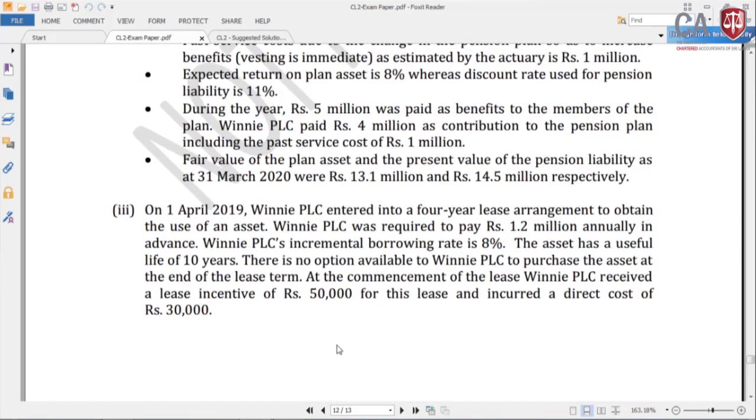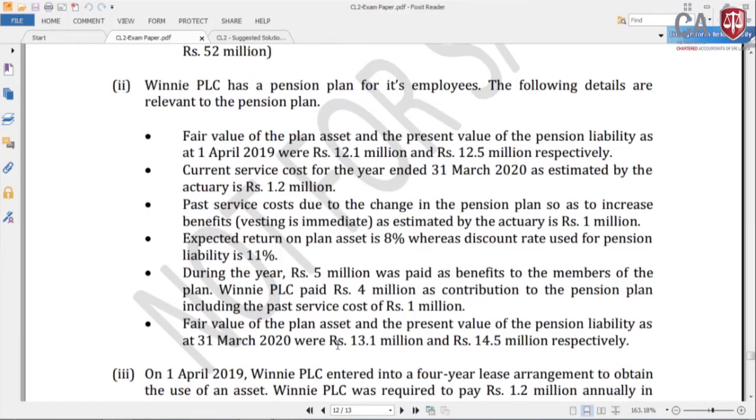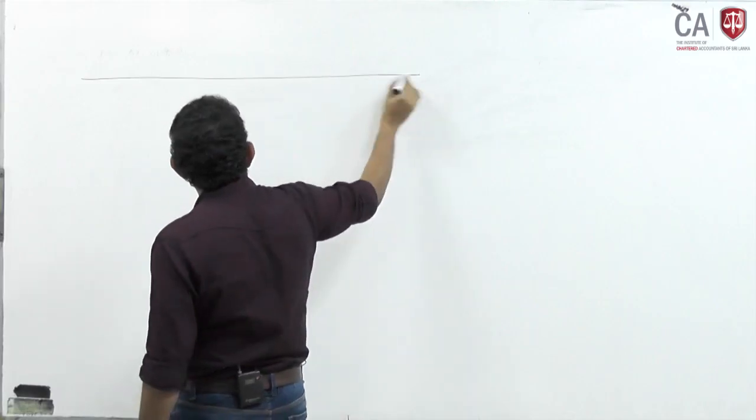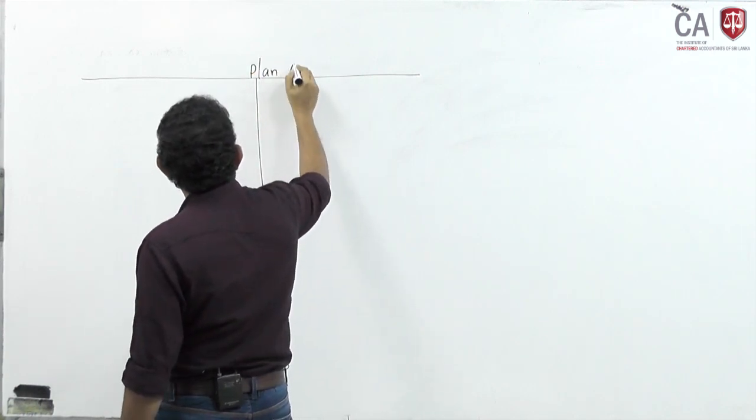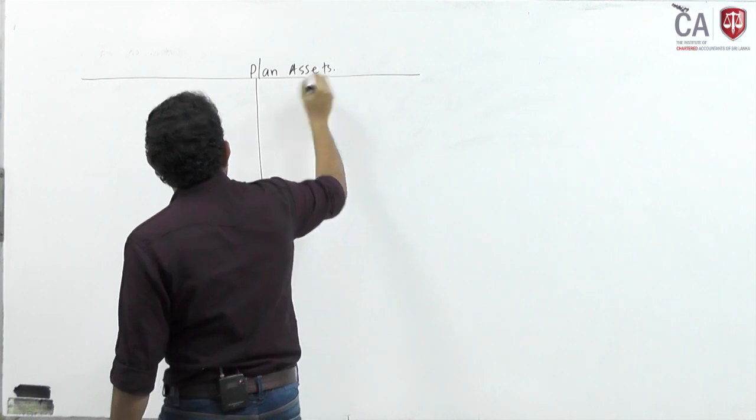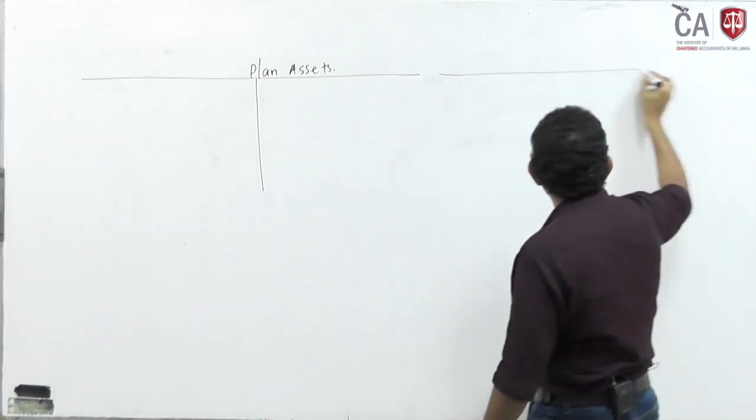Right. So, we need to first complete the accounting for the plan assets and the plan liabilities. Let us open up two accounts: plan assets and plan liabilities.